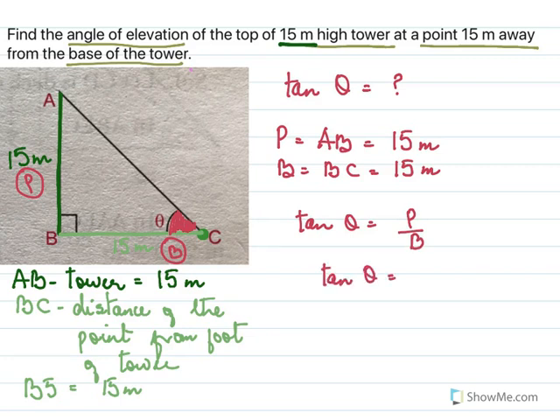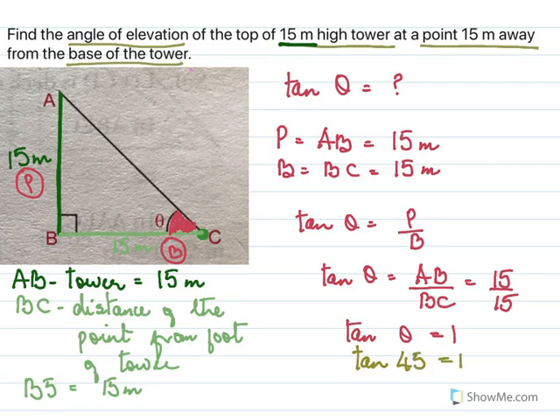Here in the sum we don't know theta. Perpendicular AB, base BC, which is 15 over 15. So tan theta equal to 1. And we know from the table that tan 45 is equal to 1. So on comparing both these, I can say theta is 45. So angle of elevation is 45.